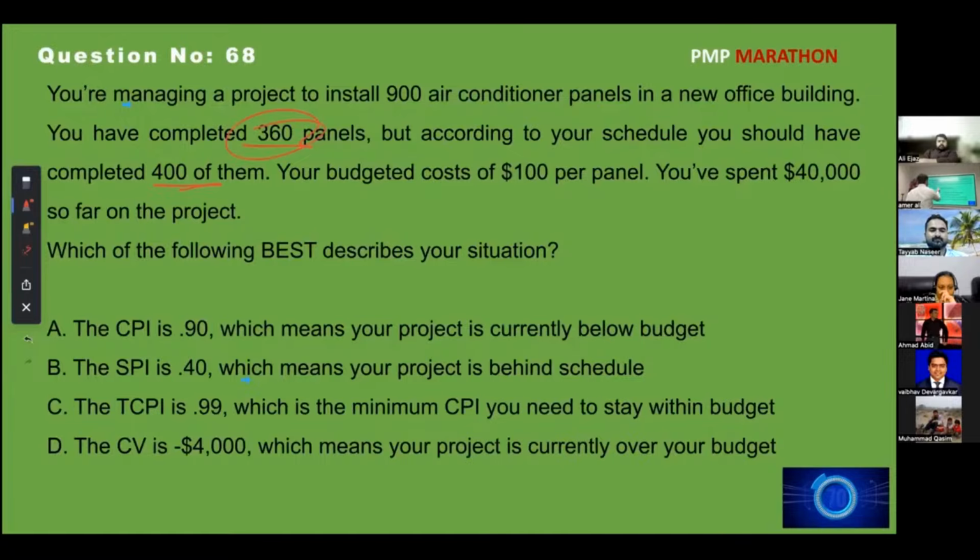The budgeted cost is $100 per panel. You have spent, what is your best description? Okay. Solve this question, guys. Everybody solve this question.